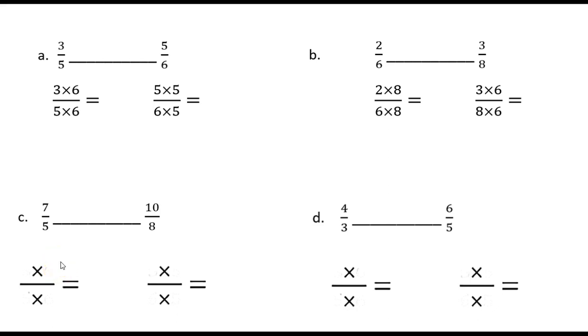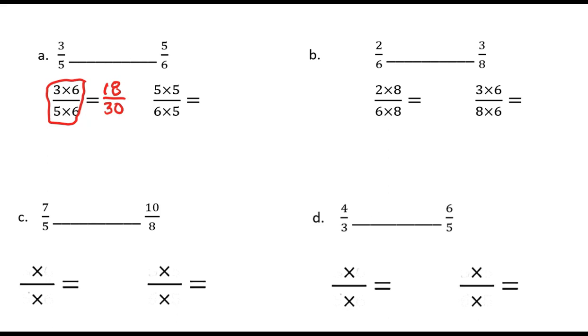The first one is comparing 3/5 to 5/6. If I had an area model, I would copy over the sixths on top of my 3/5, and that's what this problem is showing here. So 3 times 6 is 18, 5 times 6 is 30. That means I would end up with 18 pieces shaded out of the 30.